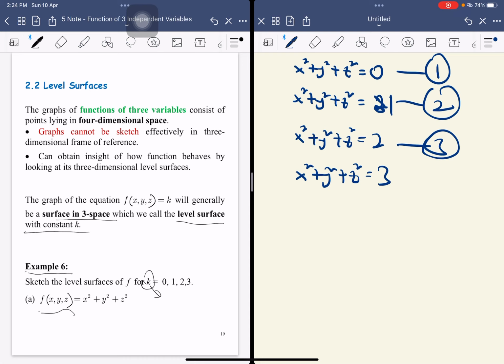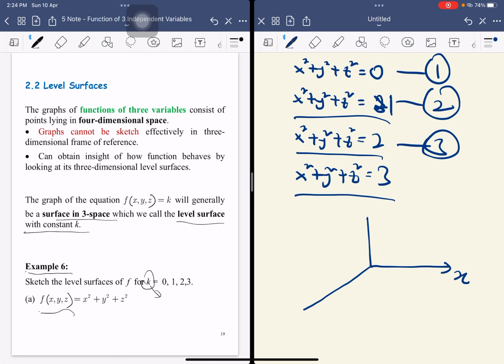If you take a look at this, this is the general equation of a sphere. So the level surface that we are trying to sketch is actually a collection of spheres. If we sketch it in 3D, here is the first one, the first sphere, like this.